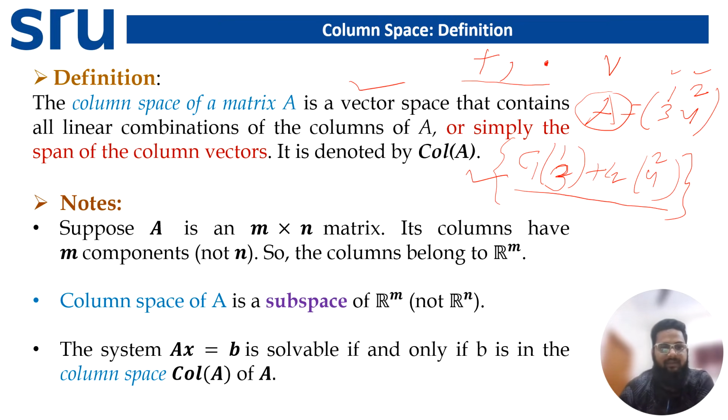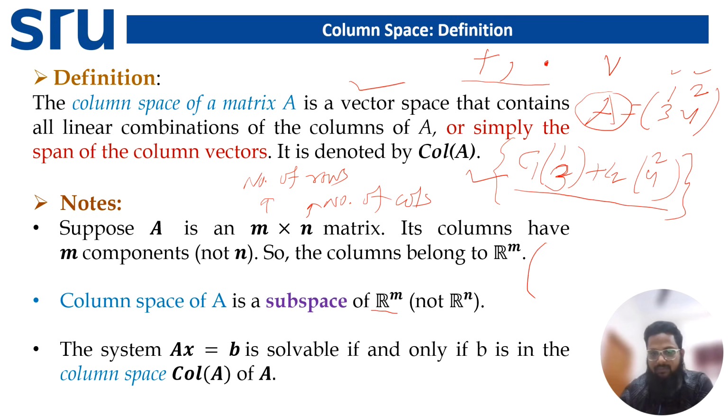So you know that if a matrix order is m cross n, the first m is denoting the number of rows, and the n is denoting the number of columns. So definitely, when we are taking columns, it will be a subspace of R to the power m, not R to the power n.